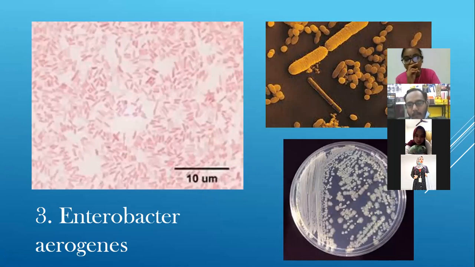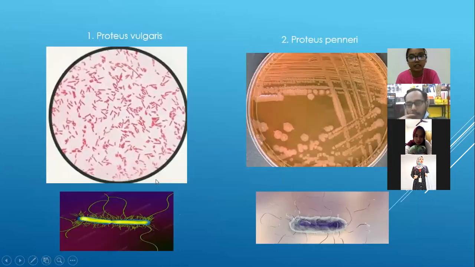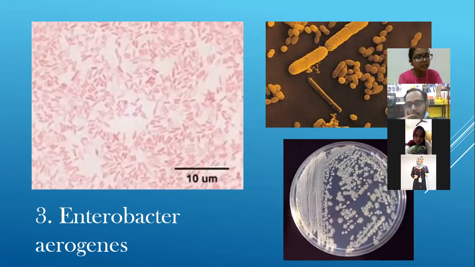This Enterobacter can be divided into two main species: Enterobacter aerogenes, this one, and one more is Enterobacter cloacae, but that one is not here. The picture on the left is the observation under the microscope. When we do culturing, this picture on the right, the plate, is the culturing of Enterobacter aerogenes.